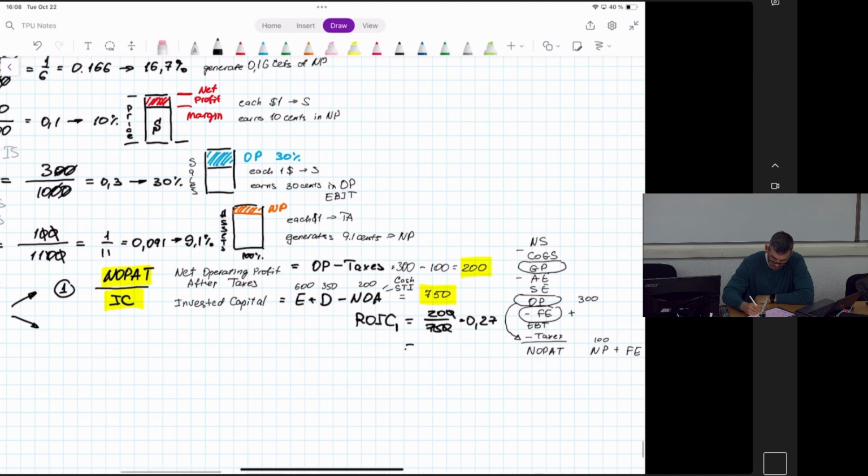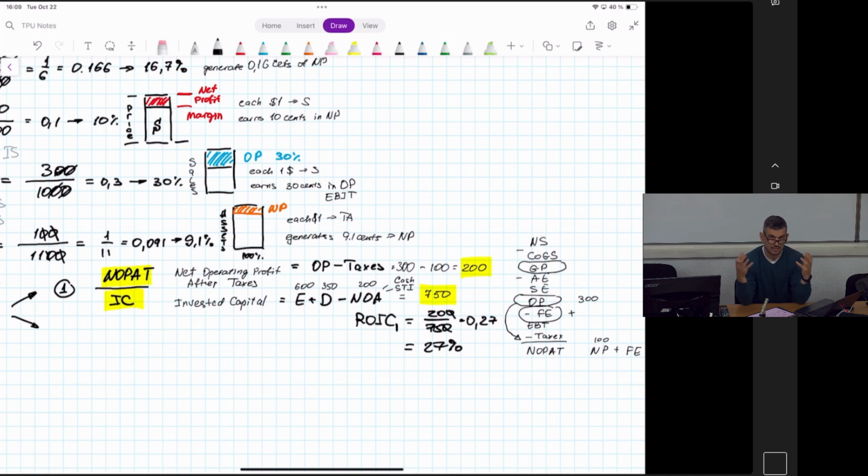So it is the 27% return on invested capital. That's the idea. If I am the investor, it doesn't matter whether I'm a creditor or a stockholder. This ratio tells me that the invested capital is 750, but the NOPAT, our production potential minus our taxes, which is operating profit minus taxes, is 200.